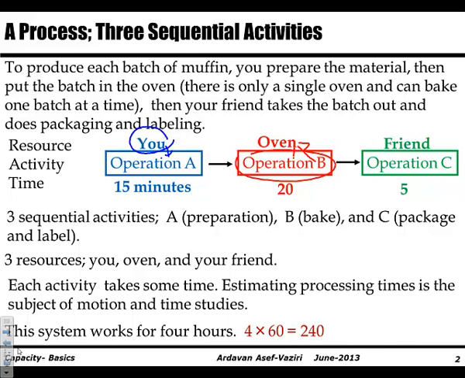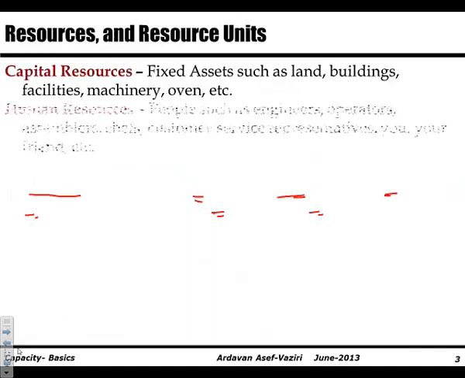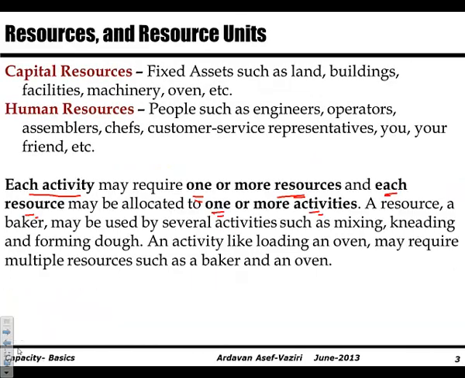But we may have a resource allocated to several activities, and also a specific activity may require several resources. For example, a resource such as a baker may be used for several activities such as mixing, kneading, and so on. And an activity like loading an oven may require several resources such as the baker and the oven.